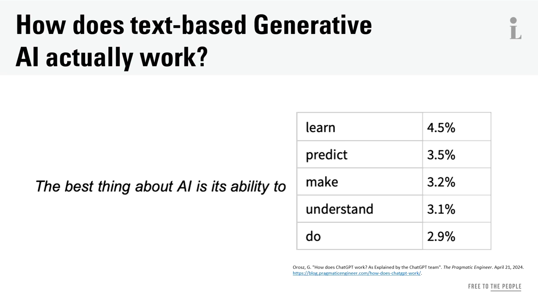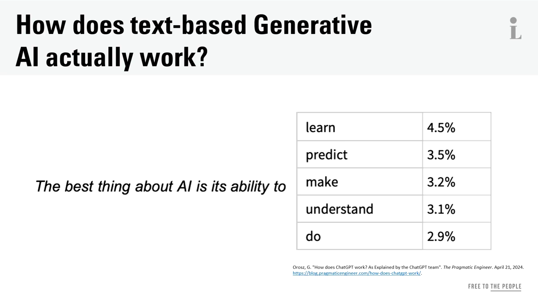So here you have an example of where AI might be constructing a sentence: "The best thing about AI is its ability to..." and now we're on this last word. It could be learn, predict, make, understand, or do, as well as a list of countless other examples. But maybe these are statistically the most likely words based on what it's read and what it's learned.